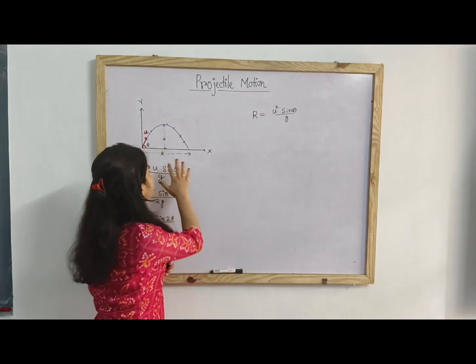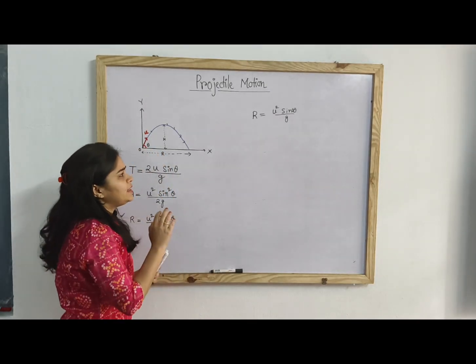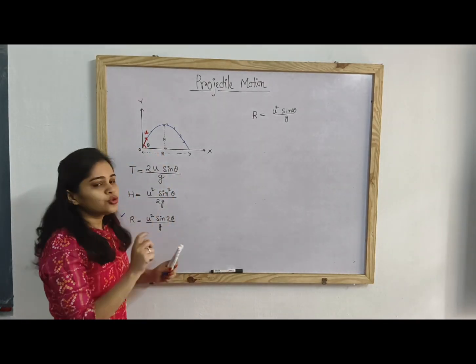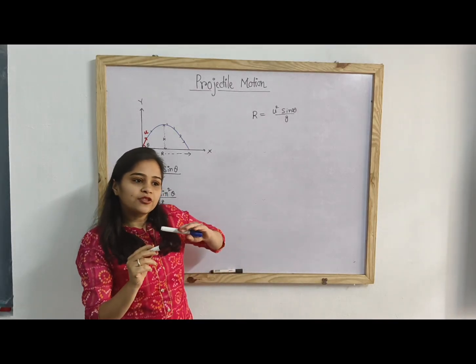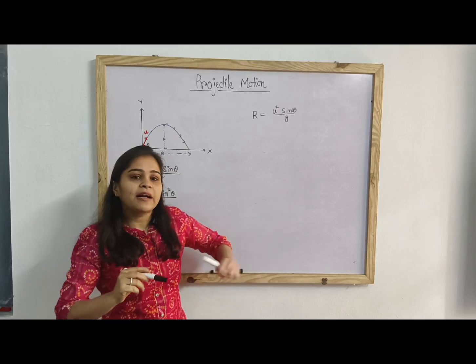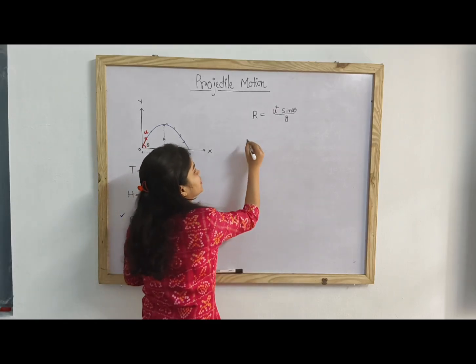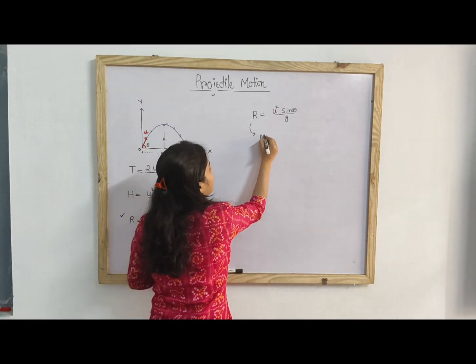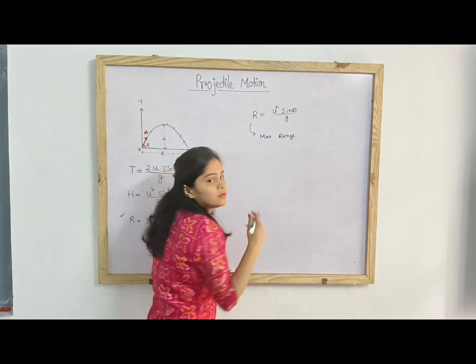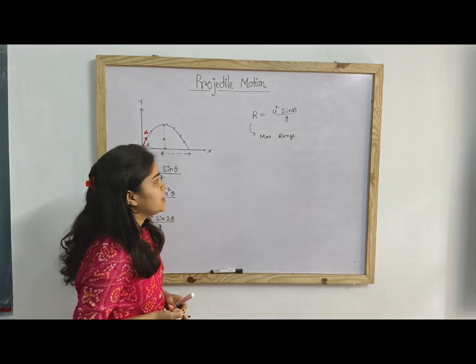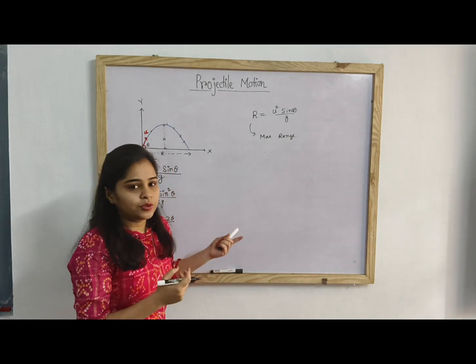Suppose your initial velocity is fixed and u is constant, but you have to throw your javelin at a certain angle such that it hits the ground at the maximum range. That means your target is to find out the maximum range of the projectile for a particular angle theta. Now how can we do this?